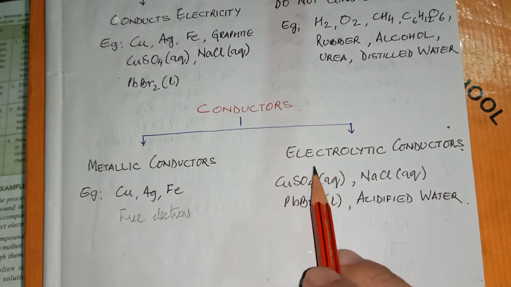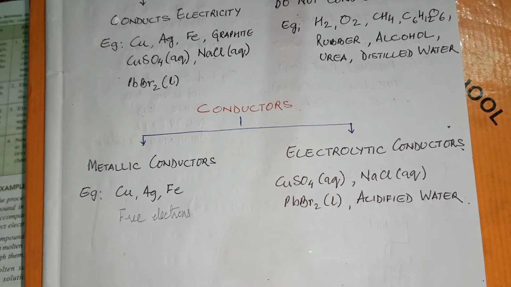Whereas examples of electrolytic conductors can be aqueous copper sulfate, aqueous sodium chloride, molten lead bromide, or acidified water. In water, if we add acid, then it is called acidified water.